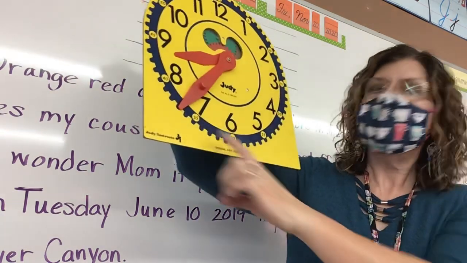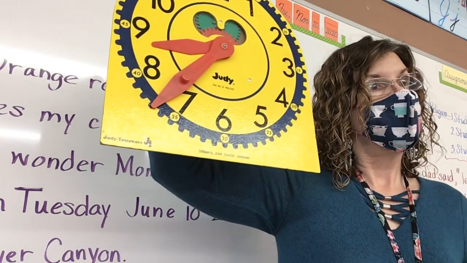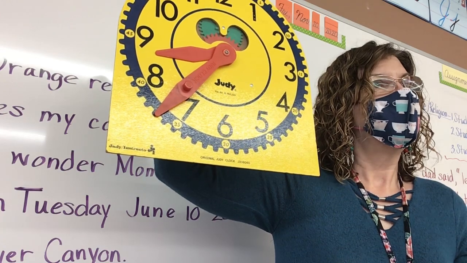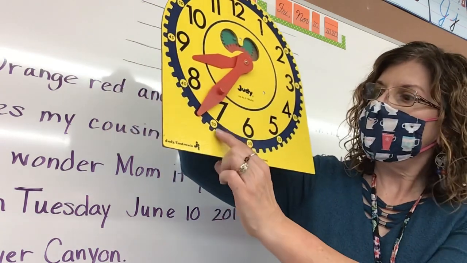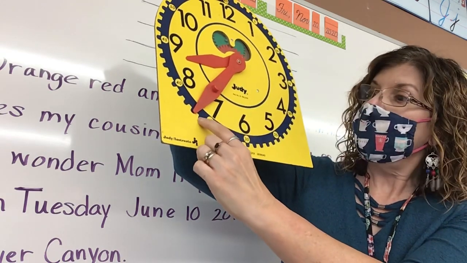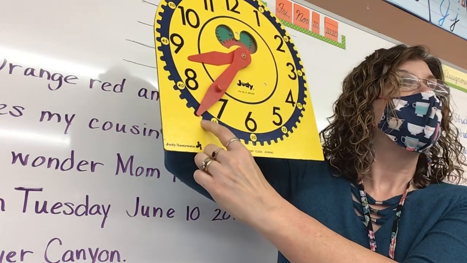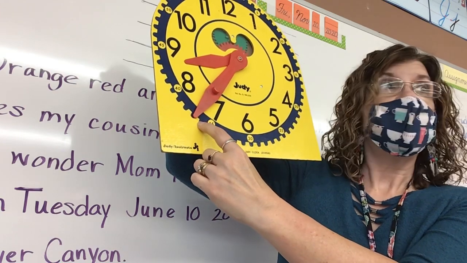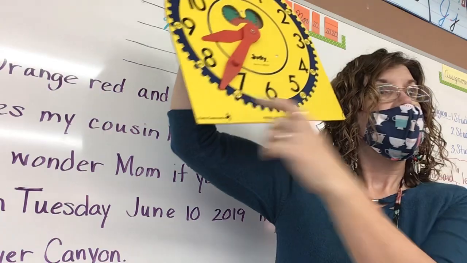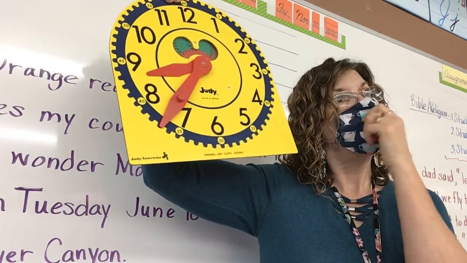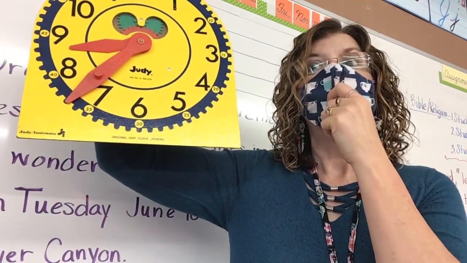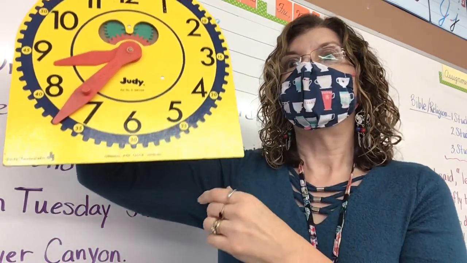Past the 7, so if it was on the 7, what would we say? 5 times 7. 35. 35, but it's not. We have to count these little marks that are past it. So 1 mark past it is going to be, just count by 1, 36, and 2 marks past it is going to be 37, all right? Do you see that now? Okay, good. Is there anybody else? So what time was that, class? 8:37.